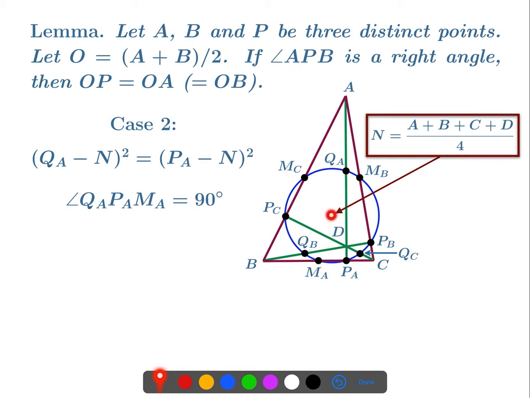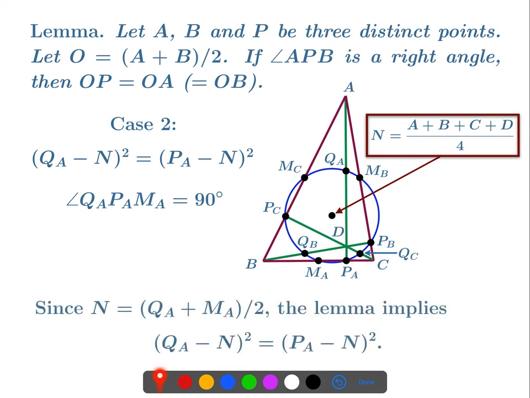And if I look at this side, N was the midpoint again of MA QA. That's what we did in case 1. N is the midpoint of MA QA, and we have this angle is 90 degrees, and that's precisely what the lemma was saying, that this distance then has to be the same as this distance or this distance. So the distance from N to QA and the distance from N to PA is the same, and so we have what we want here, that those distances are the same.